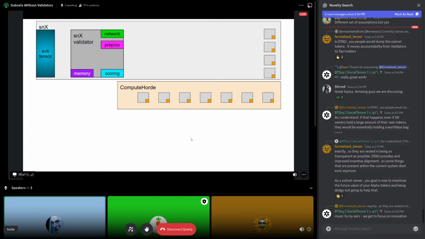So how would that work? The miners would send the assets to compute hoard, which would, I think it's not indicated on this image, but they would get pre-processed in compute hoard, and the scoring information would be sent to the validator. So the validator in this image does not have a GPU.